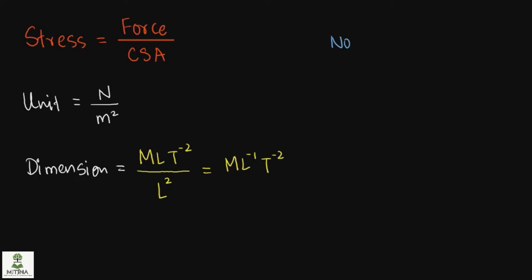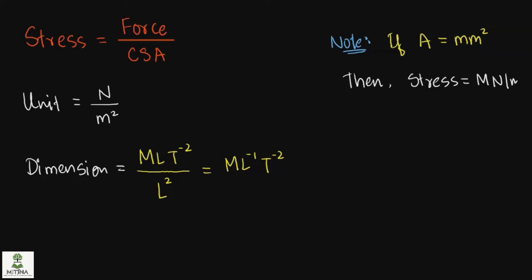Now a point to be noted here is that if the cross-section area A is given in millimeter square, then our stress will be in mega Newton per meter square. How did we arrive at this?